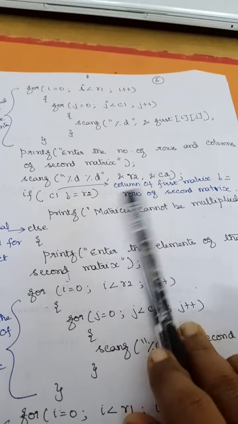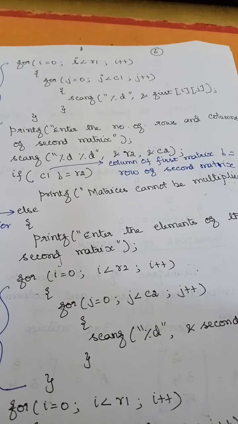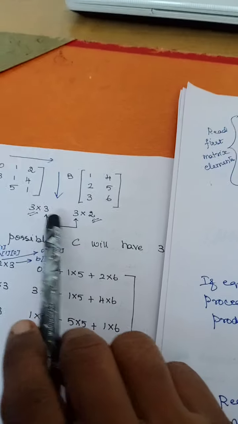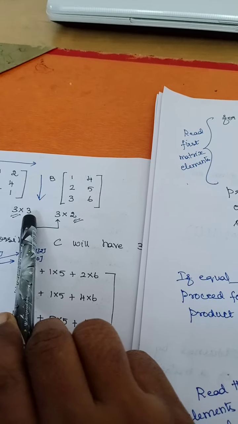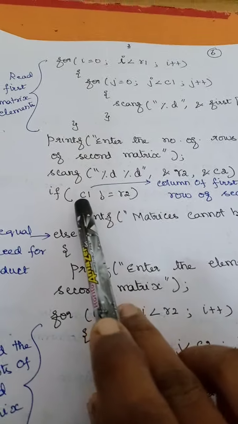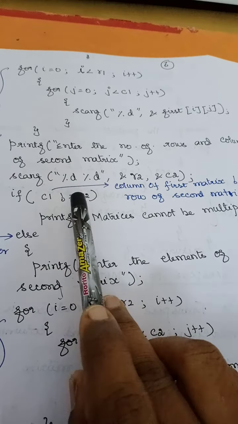Now for matrix multiplication, you have a condition that the column of the first matrix, this is what we have seen, right? The column of the first matrix should be equal to the row of the second matrix. That is what we have done here. Column of first matrix, right, should be equal.